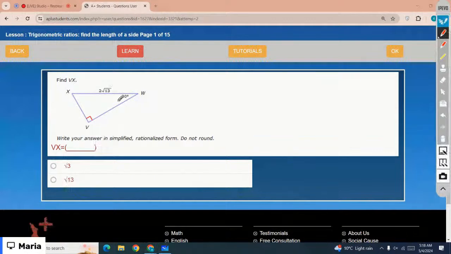Okay, this angle is then 60 degrees, right? Sine of angle 30, right?